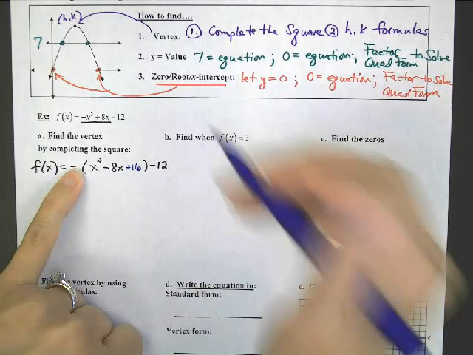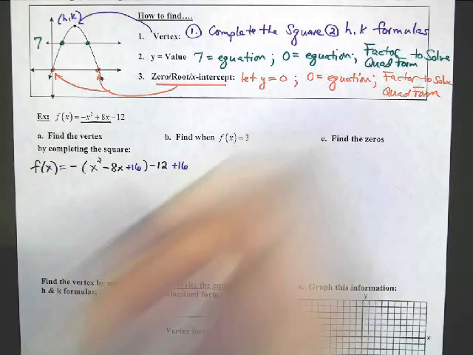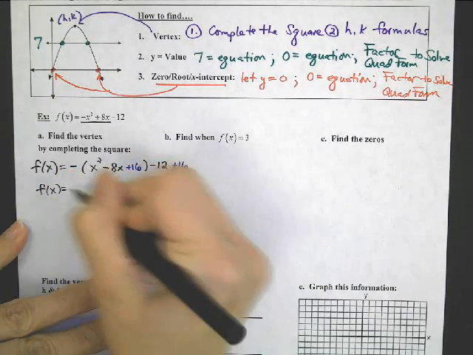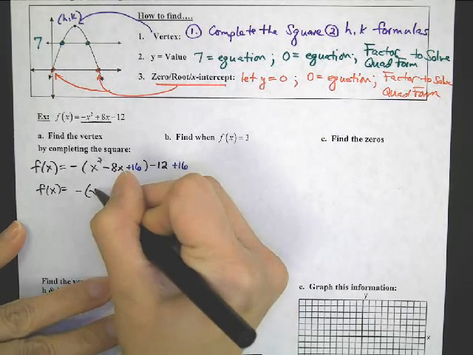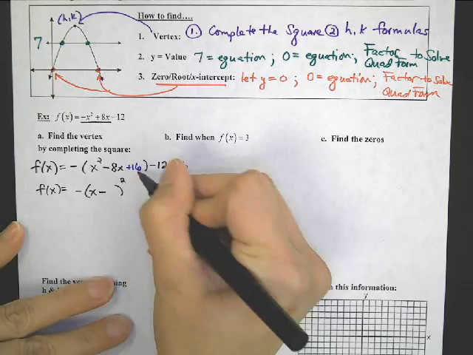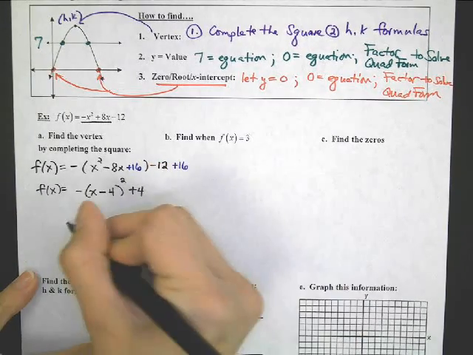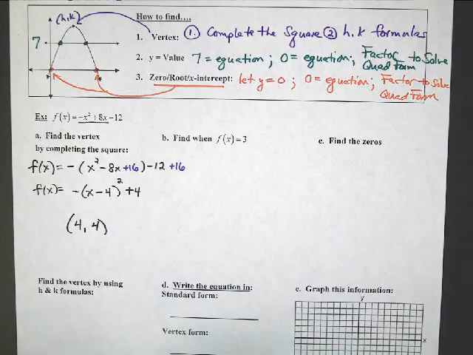That's negative 16. So let's compensate with a plus 16. So f of x equals negative, and I'm going to go ahead and factor that. It's always x, that sign right there tells me minus, and that's going to be a 4, plus 4. So the vertex is 4, comma 4.